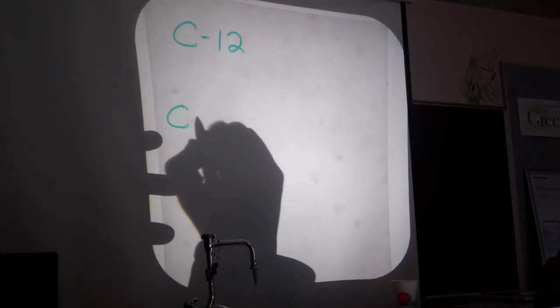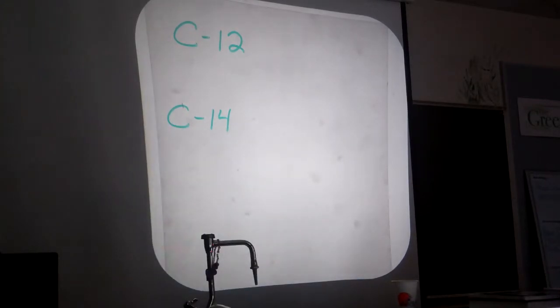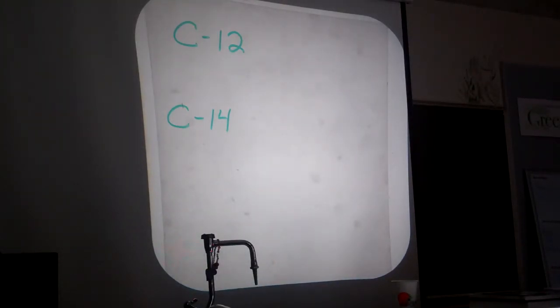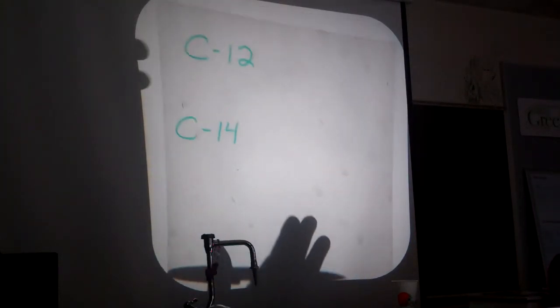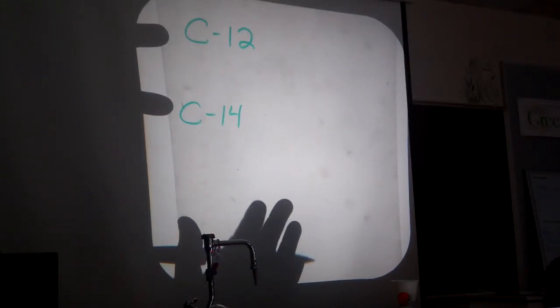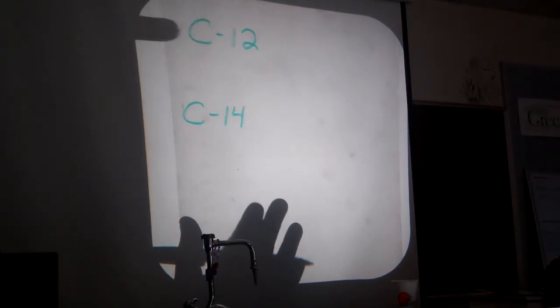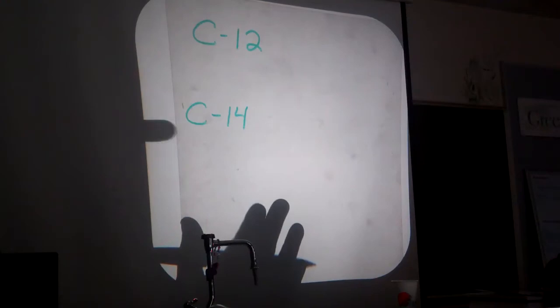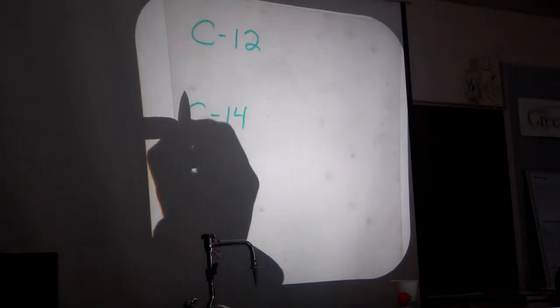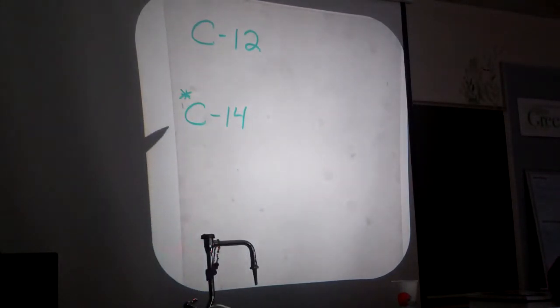Write down C12 and C14, and give some space between the two. These are symbols used to represent carbon atoms. That's a certain carbon atom, and that's a certain carbon atom. I'm going to put a star next to this one because this is the one that's radioactive.